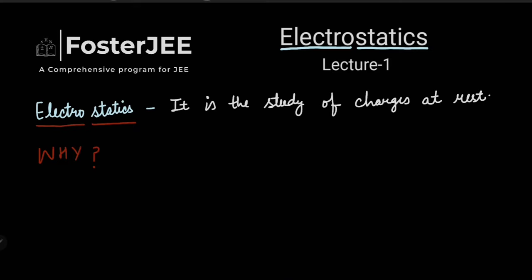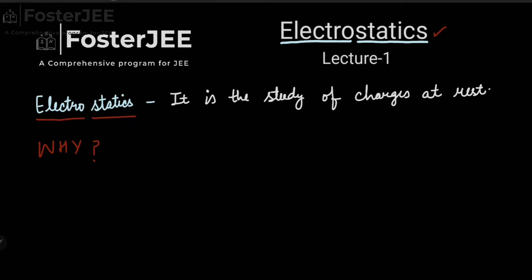Similar phenomena occurs if we rub a glass rod on another amber rod, or we rub it with a cloth. Then also we will observe that the rod is able to attract small bits of paper. Why does it happen so? To answer all such phenomena, we have the branch of study called electrostatics. So we are going to start with our first lecture.